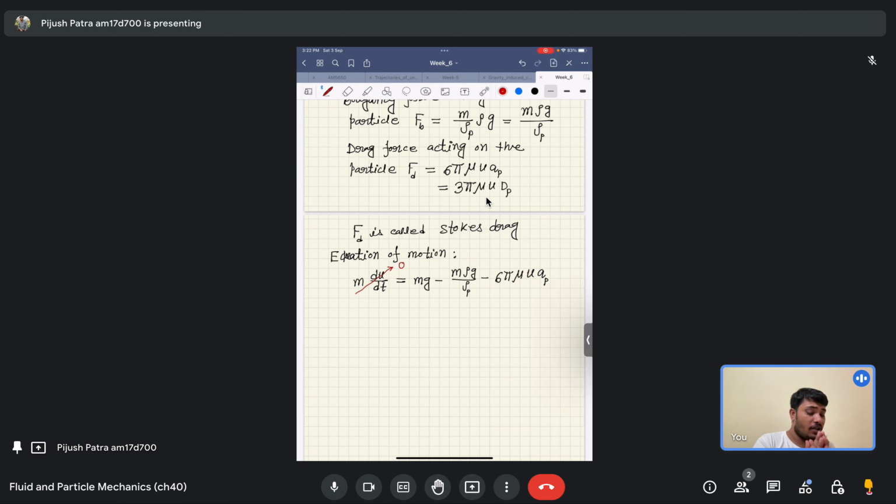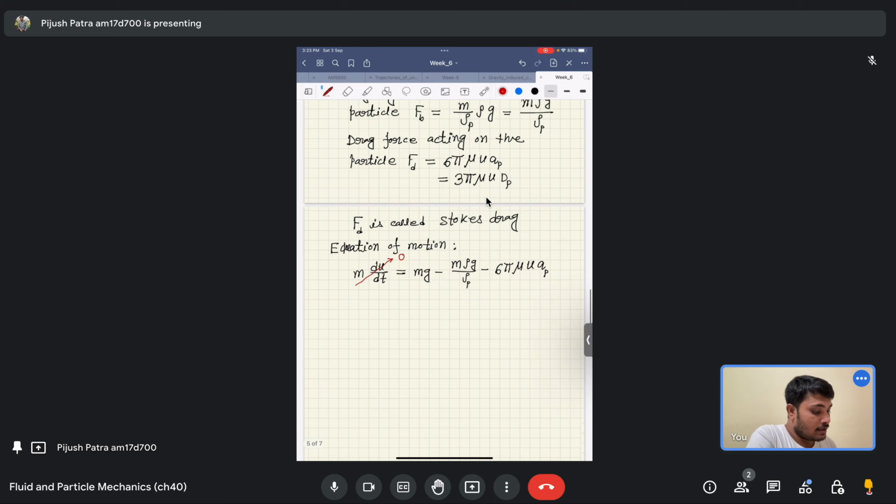So there are two things: the particle has its inertia, but I am just neglecting the inertia of the particle, and the other thing is that the particle is falling at a constant velocity. As it moves with a constant velocity, the net acceleration is 0, therefore the net force acting on the particle is 0.